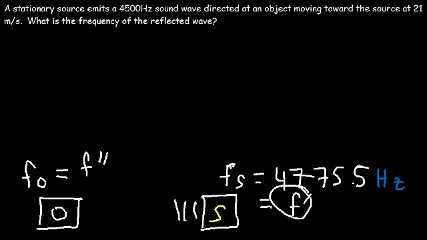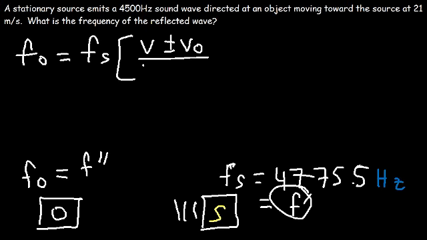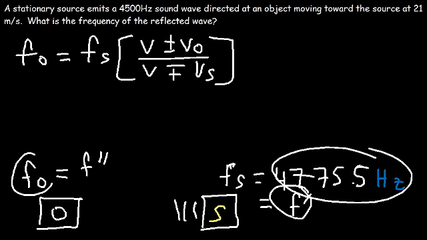So now let's rewrite the equation. Fo is equal to Fs, (V plus or minus Vo) divided by (V minus or plus Vs).